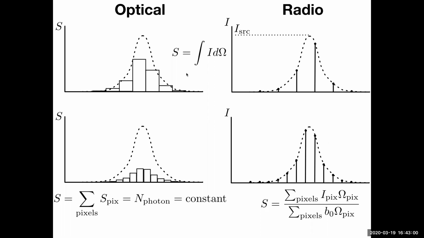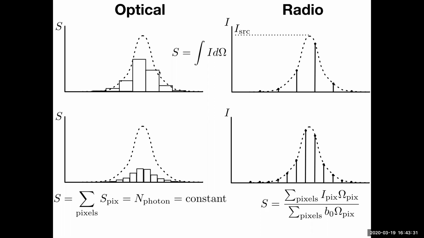And so an optical image is intrinsically a measurement of a flux density. Recall that flux density is the integral of brightness over some surface area. In this case, the surface area is the chunk of sky that each pixel sees. So each pixel is integrating some area of the sky corresponding to that pixel's area. And so the result of an optical image is always going to be a flux density.